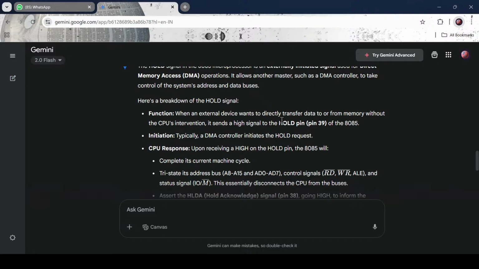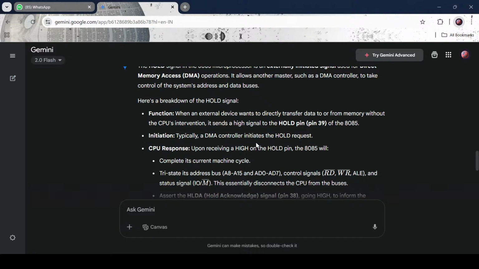Counting 20, 21, up to 39. Yes, it is on 39. I was being stupid. I can just count from VCC: 40 minus 1 is 39.